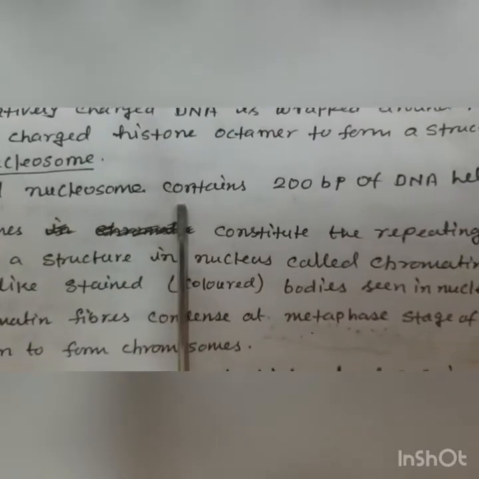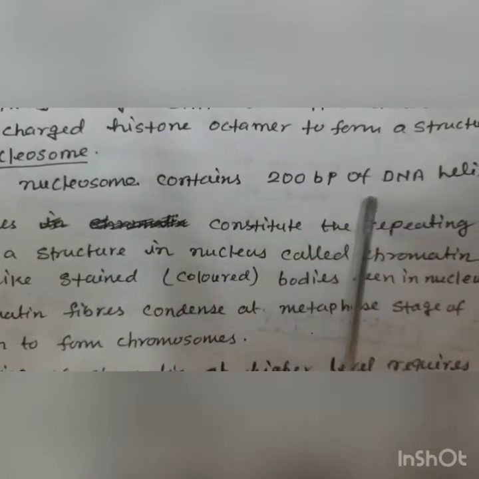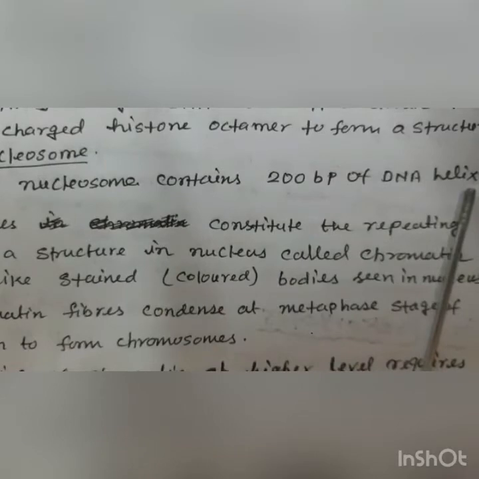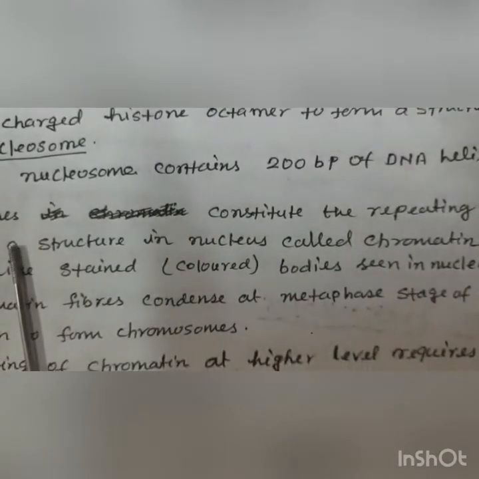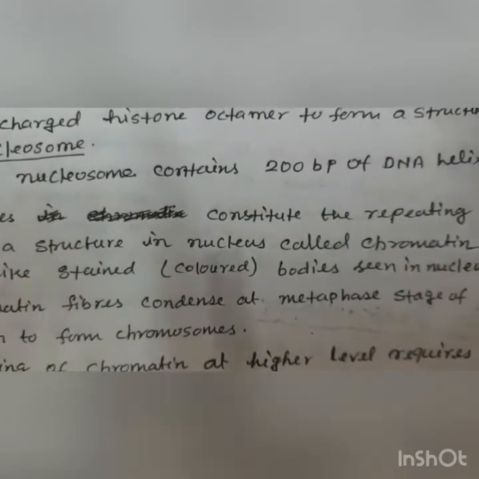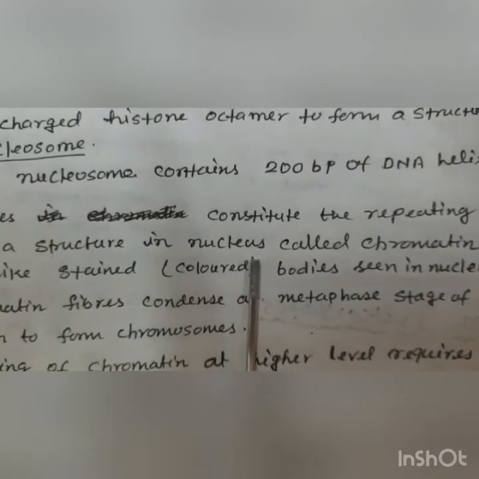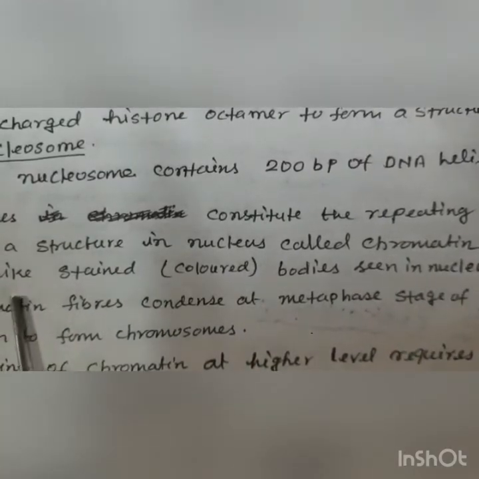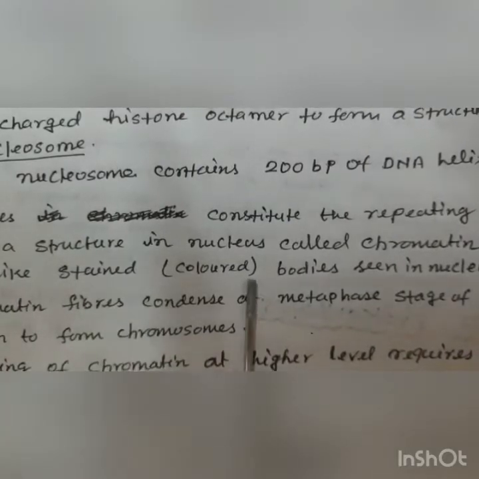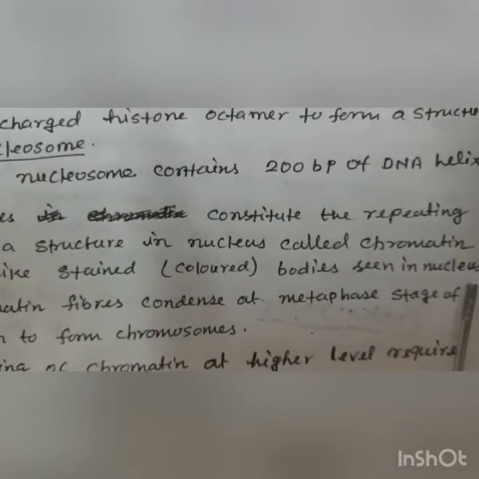A typical nucleosome contains 200 base pair of DNA helix. Nucleosomes constitute the repeating unit of a structure in nucleus called chromatin thread, like stained colored bodies seen in nucleus.